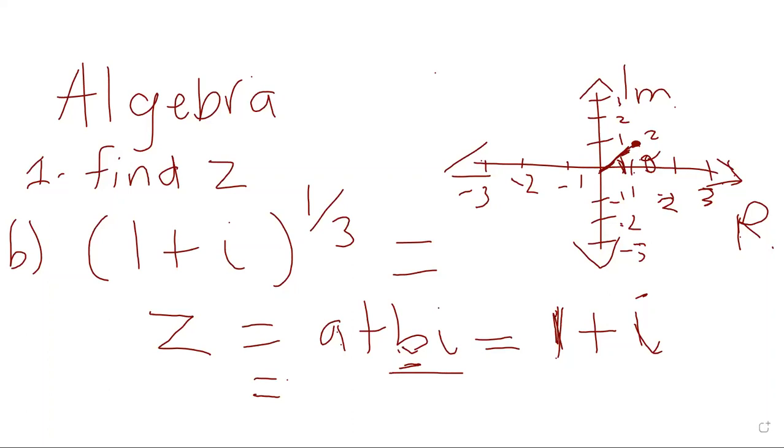Because we call it theta, instead of expressing it in Cartesian form like this, we express it in polar form, where we have the magnitude, which is called the modulus of a complex number.